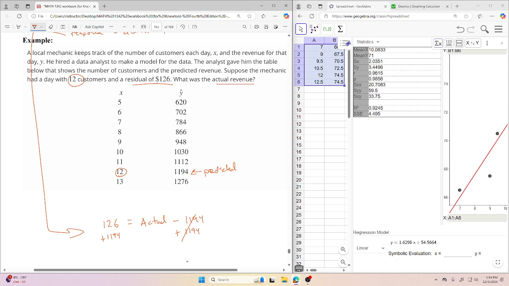You know what? I can do this one. Hold on, I got this. 1, 4, 3, 0.